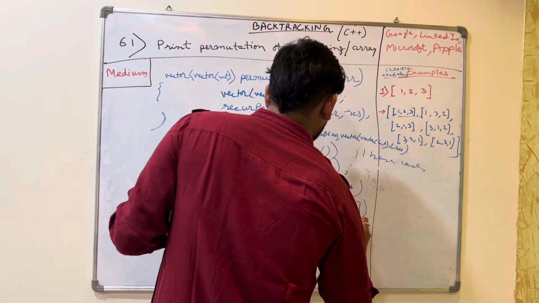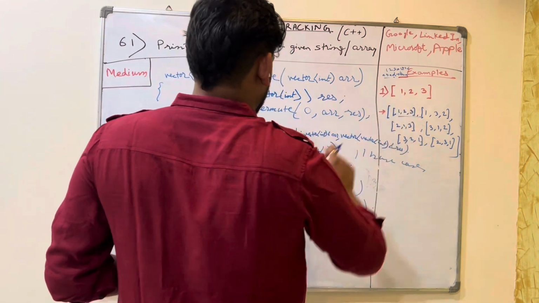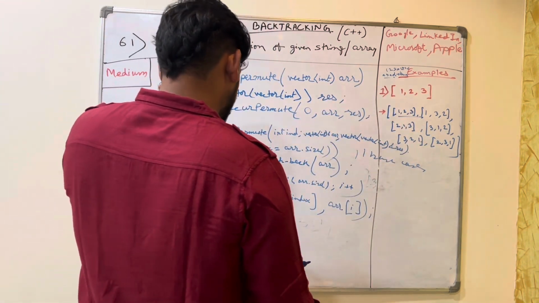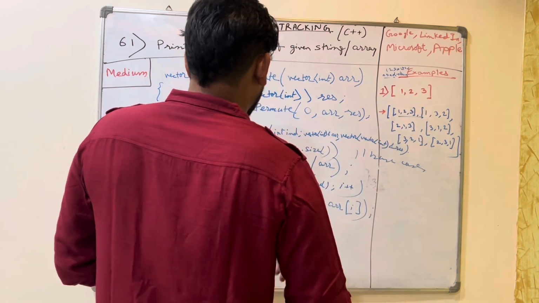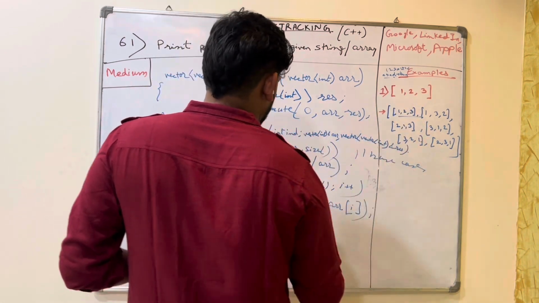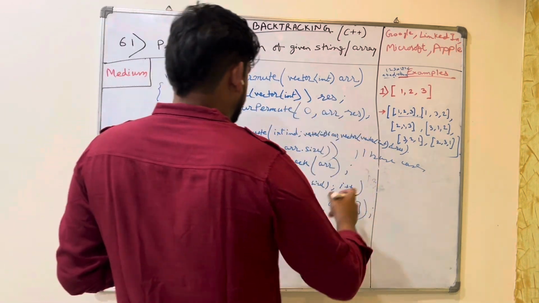Okay, we swapped it, whatever the position was there, from 1, when the index becomes 2, then 2 will swap with the i, starting with i. So first initially 1 will be swapped with 1, so no change will be there. So again then index will increase.